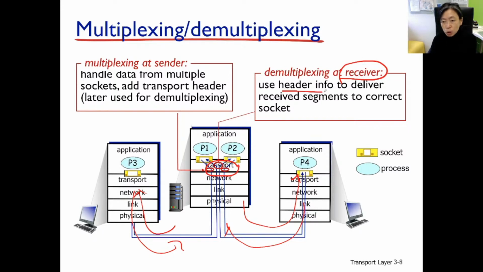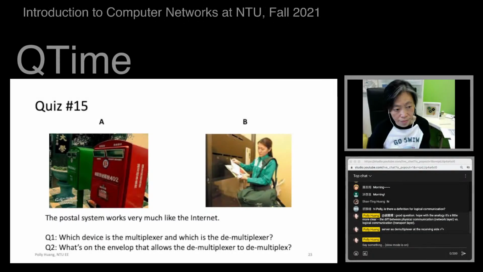What it does is look into the header in these packets and decide whether the message should be forwarded to this socket or to this other socket. So very simplistic, but very important functionality. And that takes us to quiz 15.